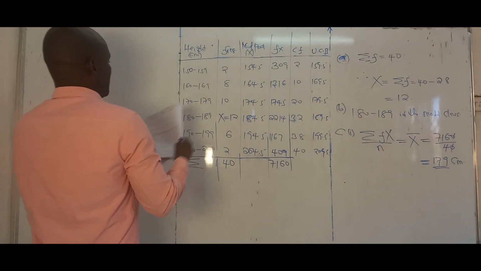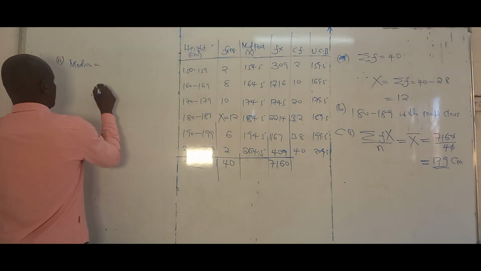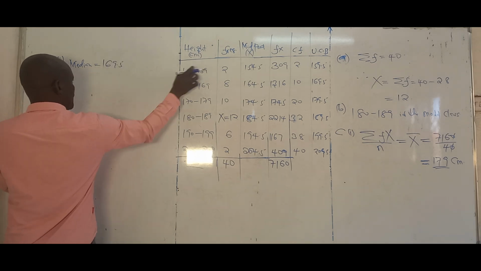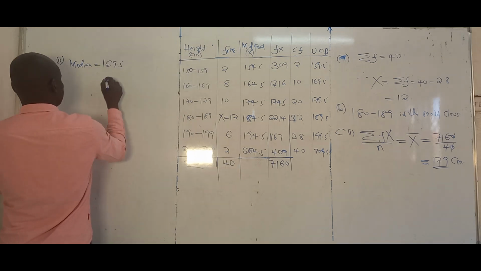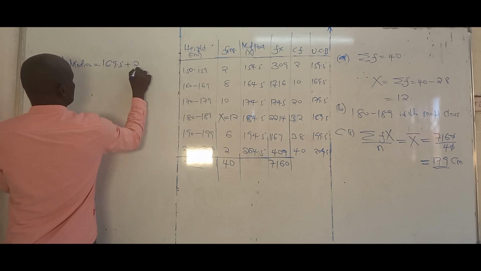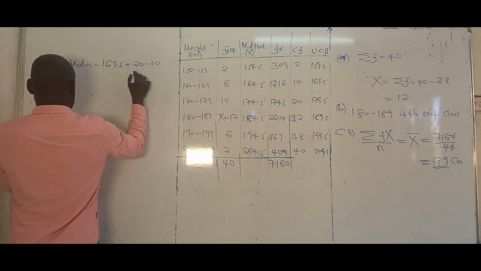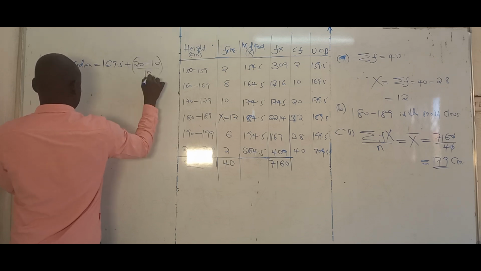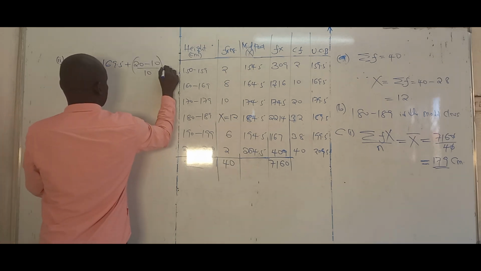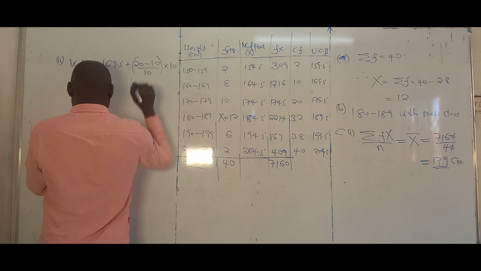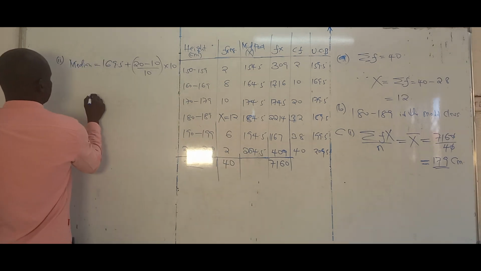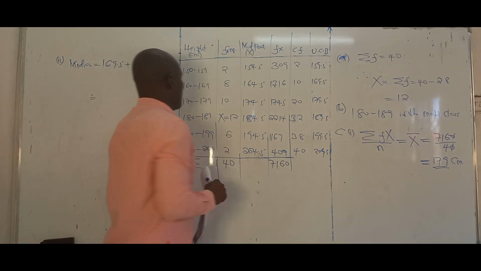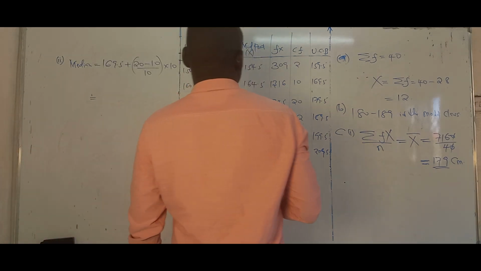Okay, let me just write it first, then I'll explain. So it will be 169.5 plus 20 minus 10 over 10 times 10.